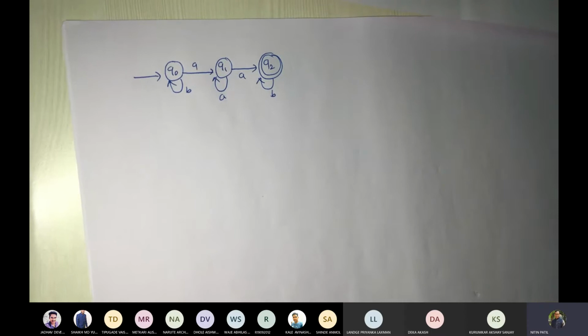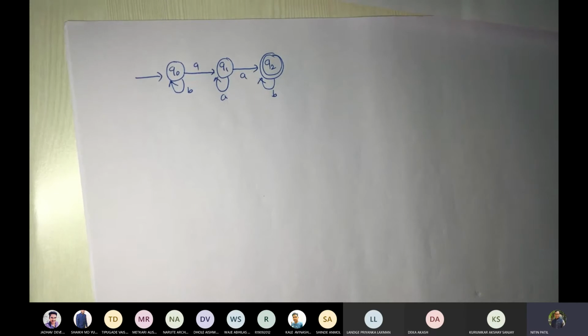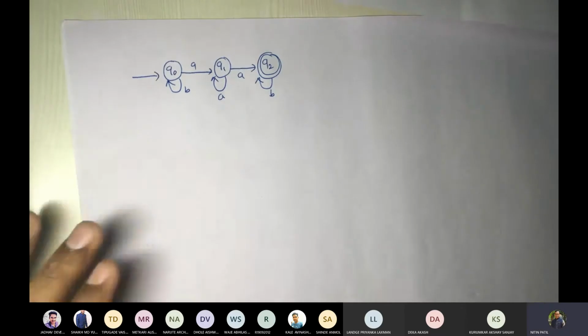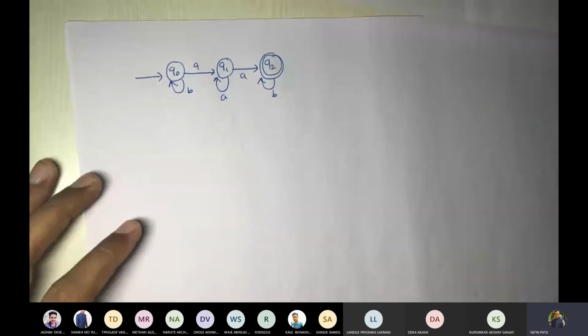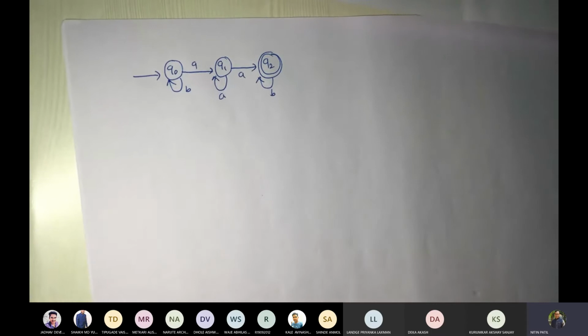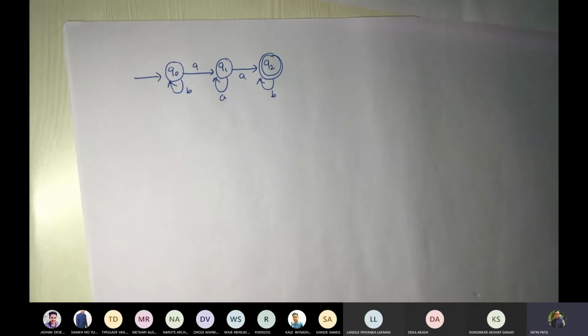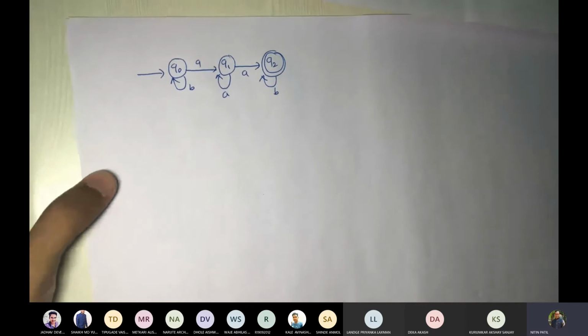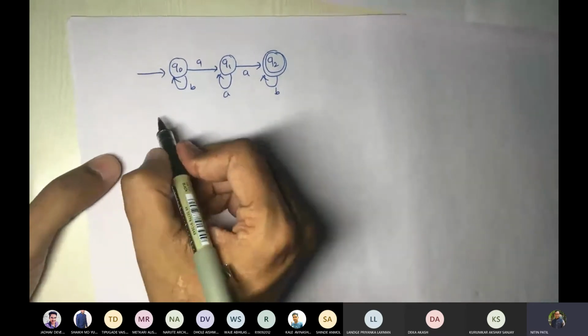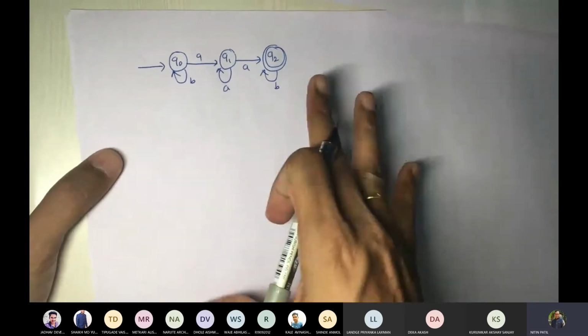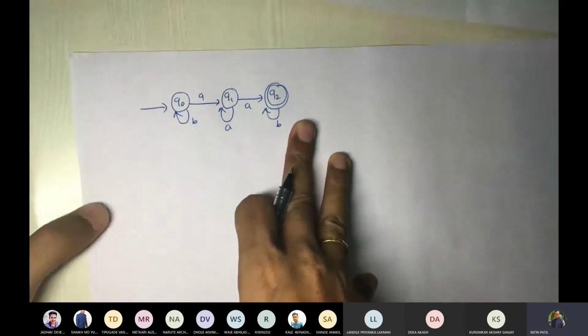I'm switching off the camera for a while, so that you will not be able to see the solution. Will that be okay? You will not see my solution, you will start solving it. Try to solve it by yourself, then I really want to check how many of you really understood this process. So let us first start writing equations. Start without watching the solution that I'm posting.